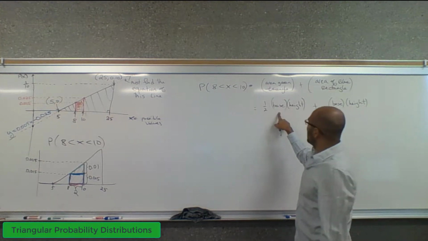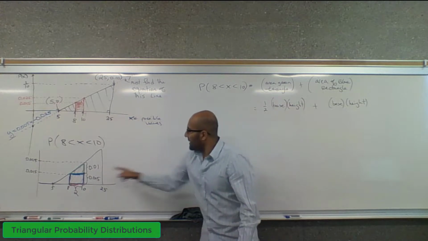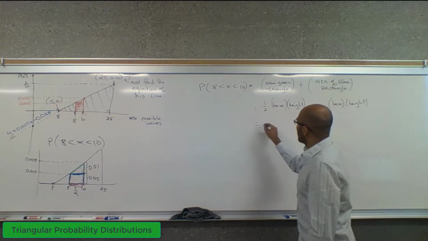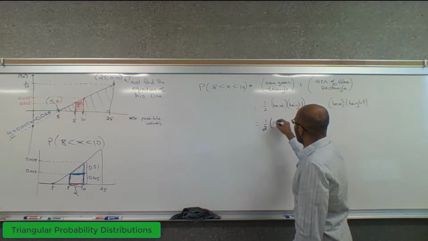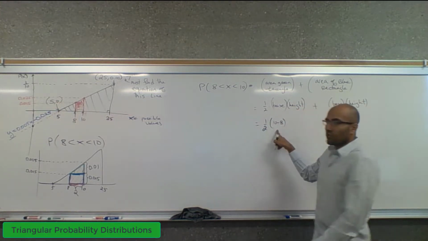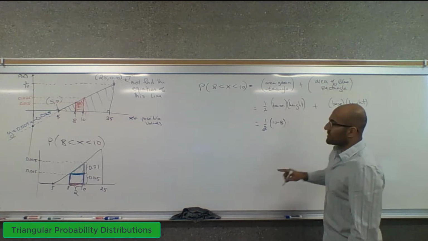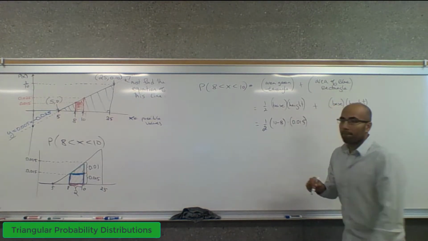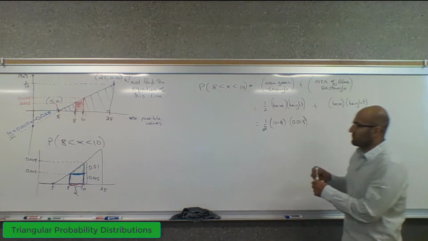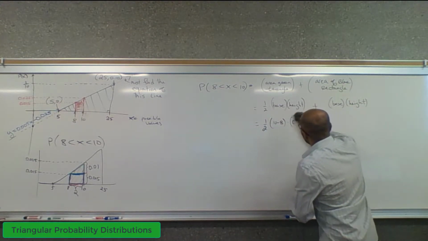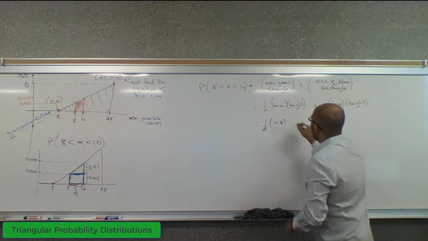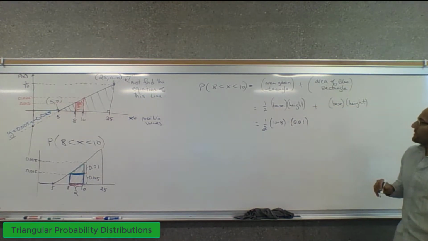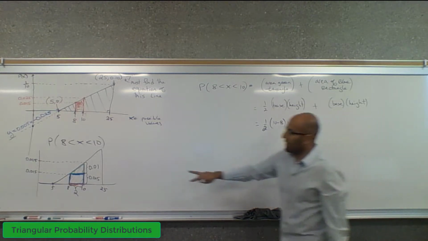So working with the triangle, the base is going to be 2. It's going to be 10 minus 8. So this is going to be 1/2 times 10 minus 8, which is 2. That's the base. Times the height, and the height was equal to 0.015. Oops, messed up. The height is 0.01. Okay, so that's the height of the triangle.